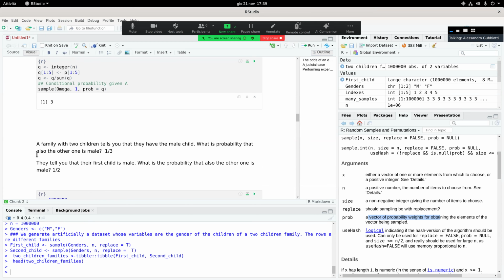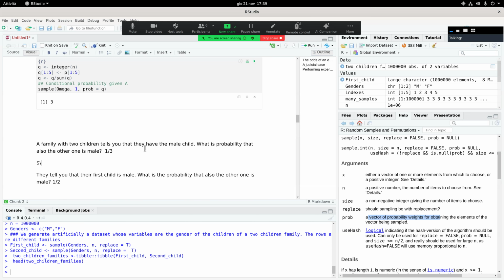It's simply a computation. 4 cases can happen: male male, male female, female male, female female, and you know that these 3 happened.